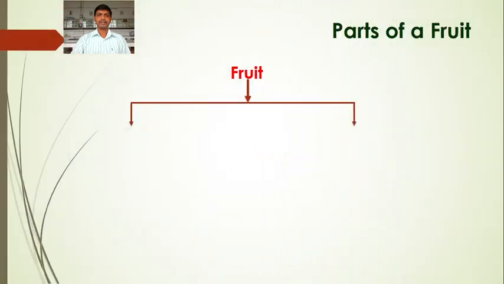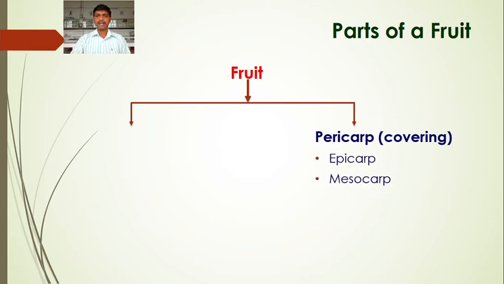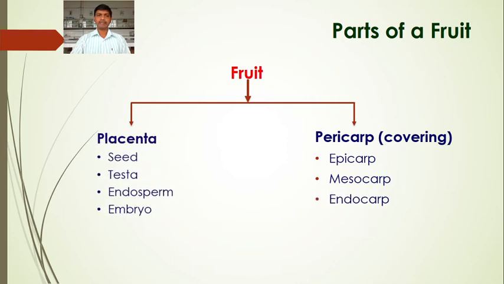So here we are going to categorize the parts of a fruit. Fruit possesses a fruit wall, which we call the pericarp. It is the covering or the fruit wall, made up of epicarp, mesocarp and endocarp. In the lumen of the fruit we find the placenta.